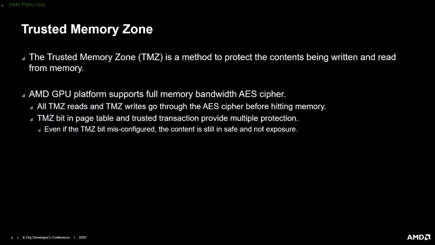The new GPU supports the full bandwidth AES cipher. That's actually the hardware protection, which is much safer. So all the trusted writes and trusted reads should go through the AES cipher before hitting the memory. And it's able to keep the raw memory data safe under the cipher and cannot be accessed by regular reads and regular writes.